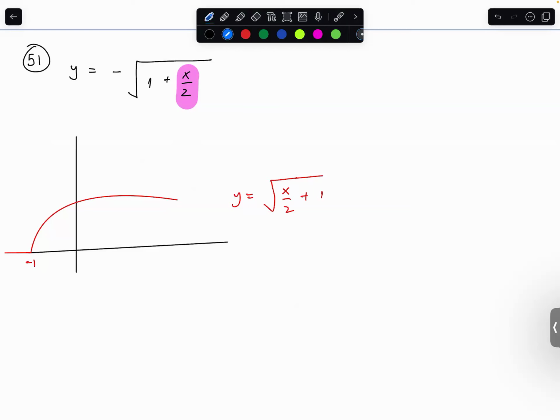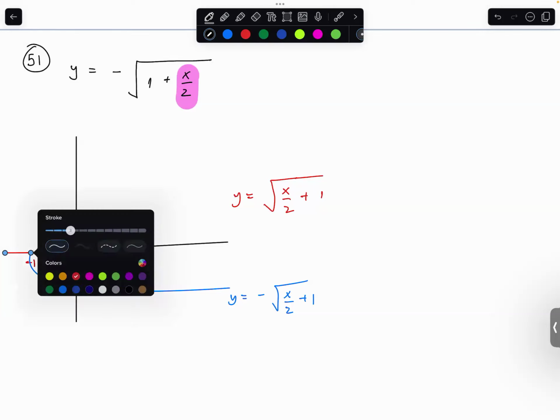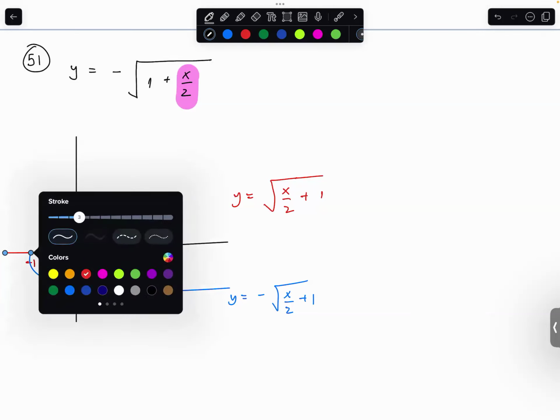Let's plot it in blue here. Now we don't need this, we can delete this. What we have here, this blue line, is our graph of y equals minus square root of x over 2 plus 1. Let's put some points here. If we extend this, and let me change this to black to match.